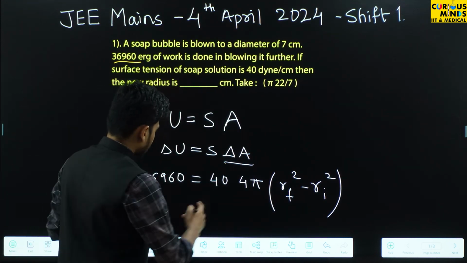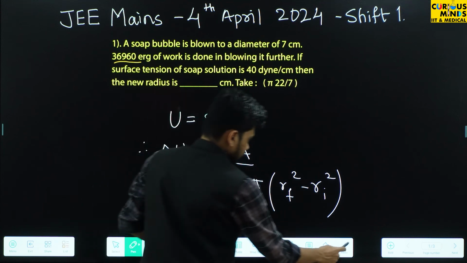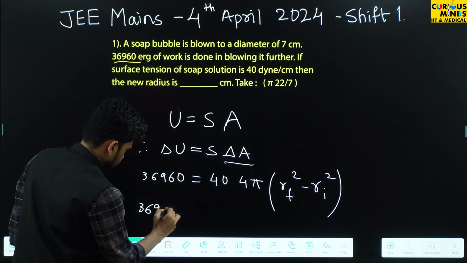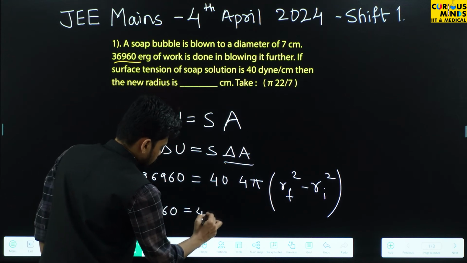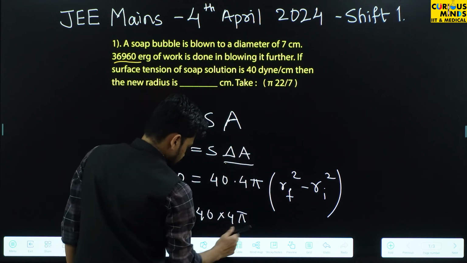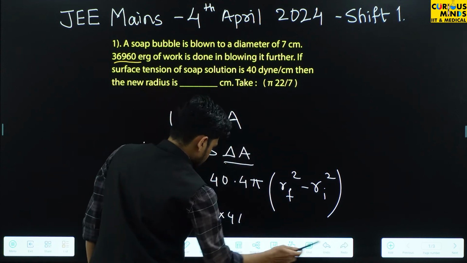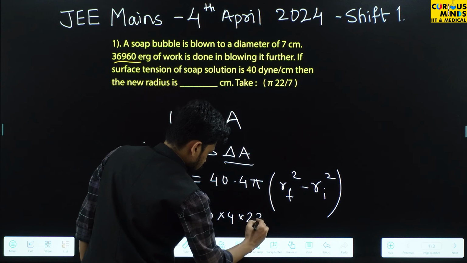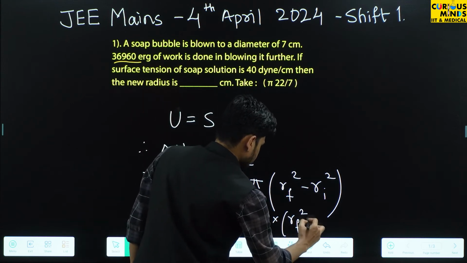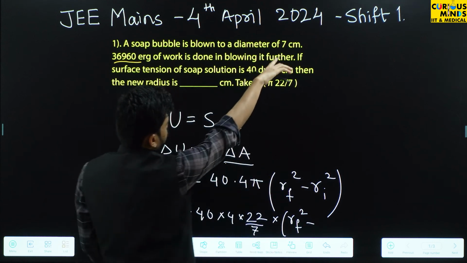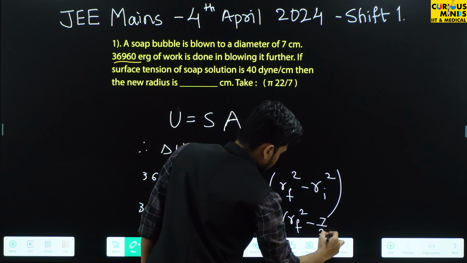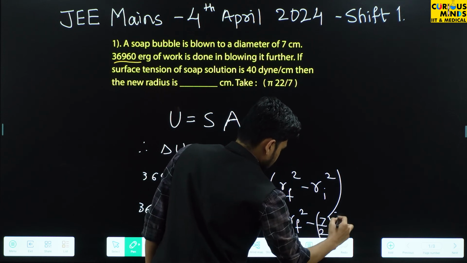Now we can put the values. So 36960 is equal to 40 into 4 pi, pi being 22 by 7, into R final square minus R initial square. R initial was given: 7 centimeter being the diameter, so the radius is going to be 7 by 2 centimeters, the whole square.